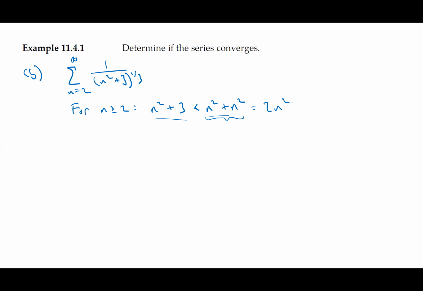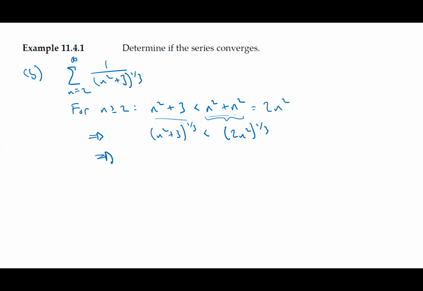All right. Well, if n squared plus 3 is smaller than 2n squared, right? Then I can also say this, n squared plus 3 to the 1/3 is less than 2n squared to the 1/3. Okay.